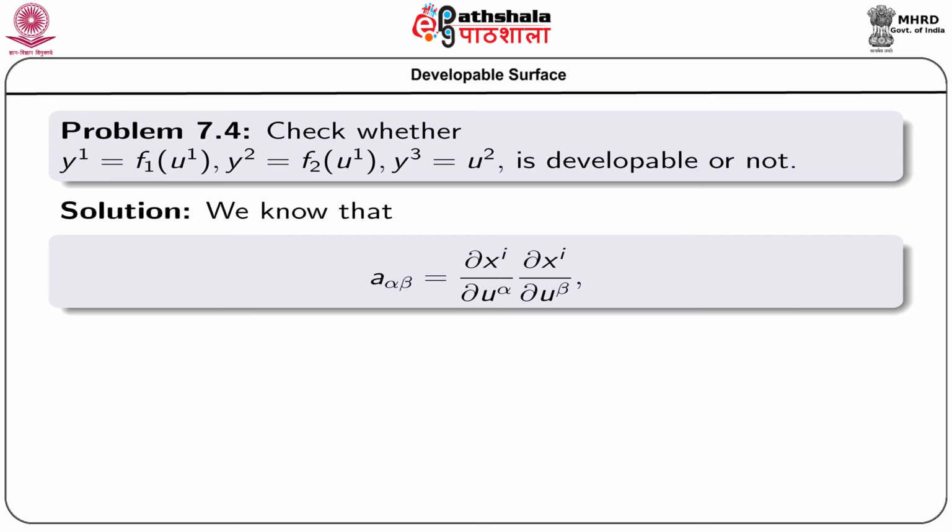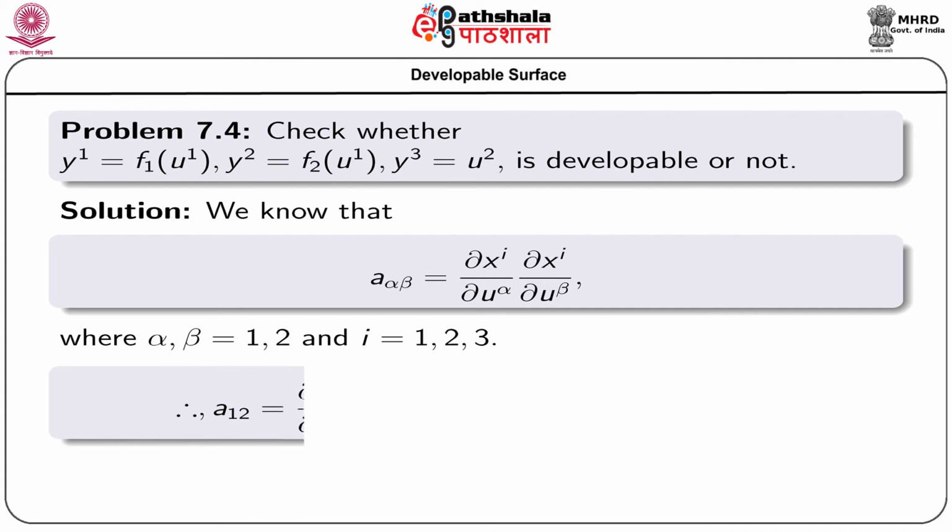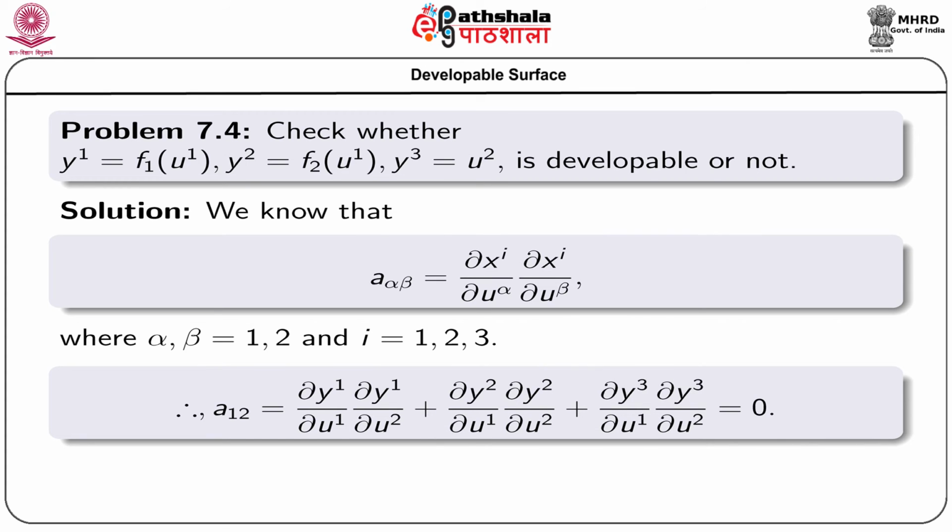From the definition, a alpha beta is del xi del u alpha times del xi del u beta, where alpha and beta run from 1 to 2 and i runs from 1 to 3. If we calculate, we find that a12 equals 0. That means the curvilinear coordinate system is orthogonal.